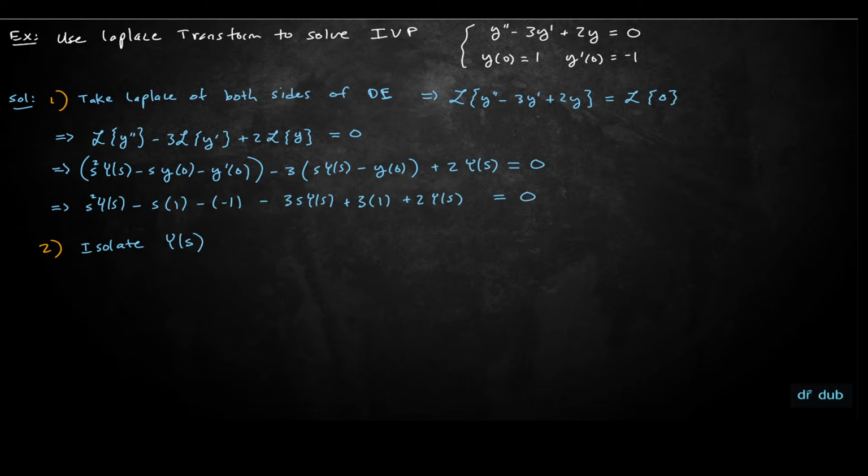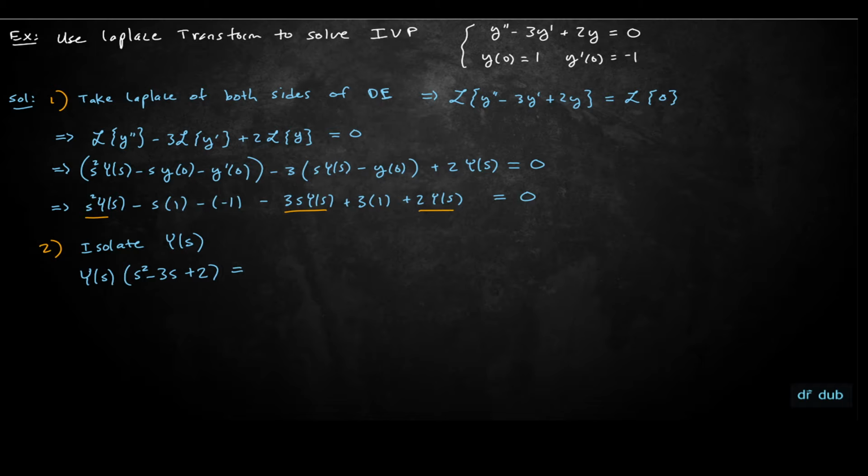So that means I need to take the 3 terms with capital Y of s and collect them on the left. So capital Y of s can come out, and I'll get s squared minus 3s plus 2 equals.